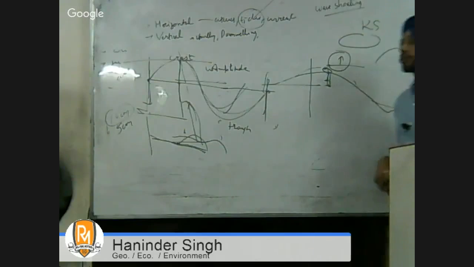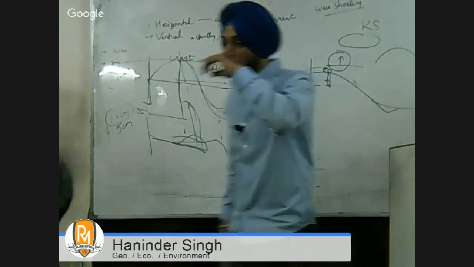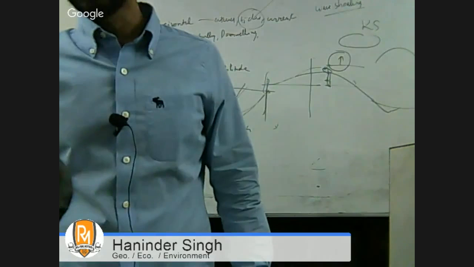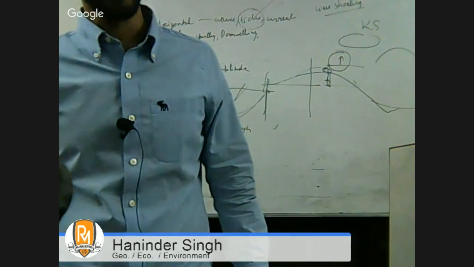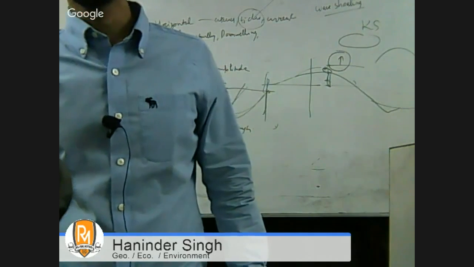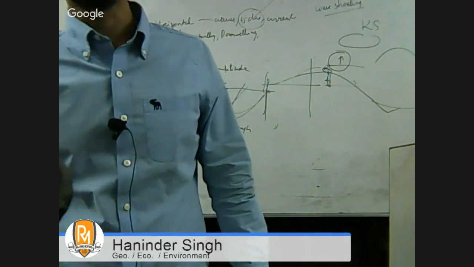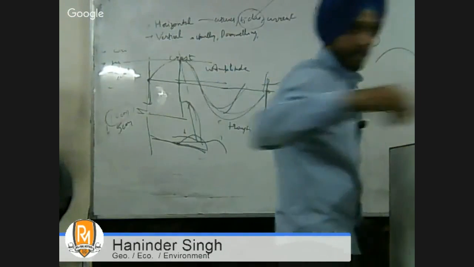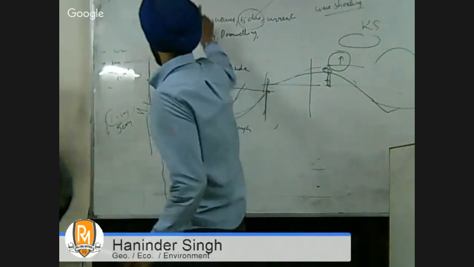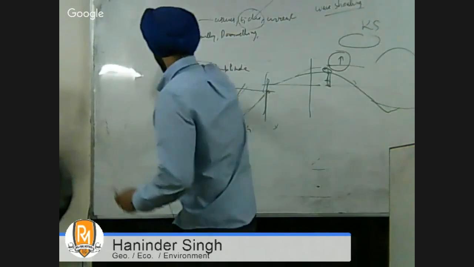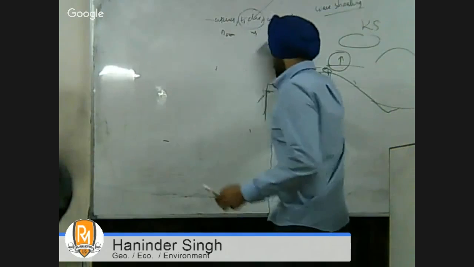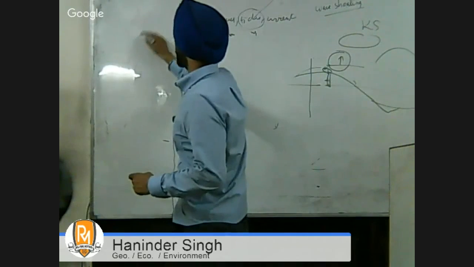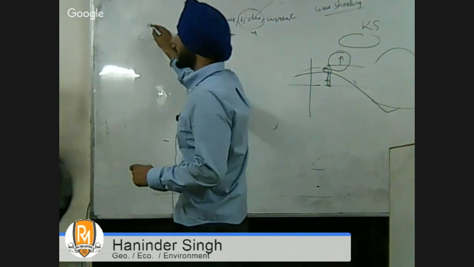Write one more: motion of water beneath the wave is circular. Basically, in a wave, water does not travel.